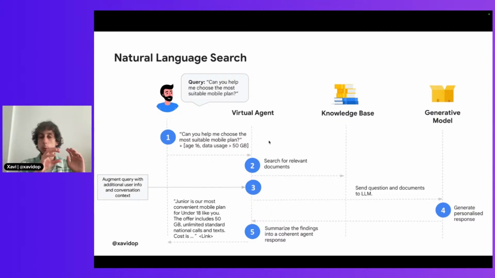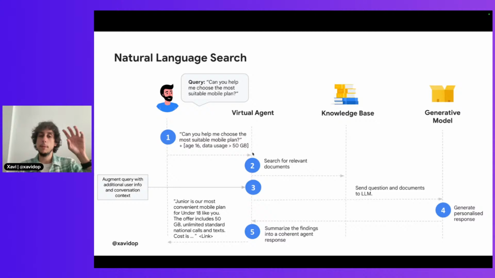When you have that question, we can power that question by giving more information, a better context, or information from that user. For instance, this user is age of 16, and the data usage is greater than 50 gigabytes.